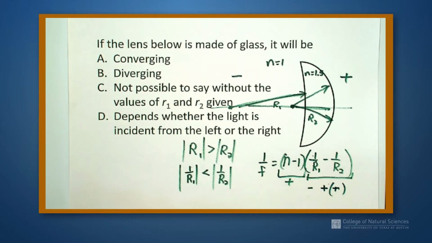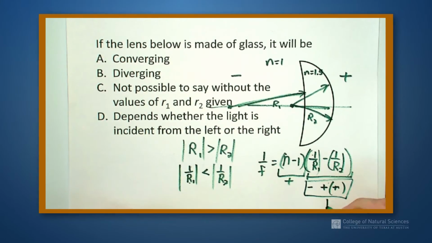I guess what I'm trying to say is that this number is negative, but we're going to subtract a negative number. And since 1 over R2 is larger than 1 over R1, this whole piece over here is actually going to be a positive value.